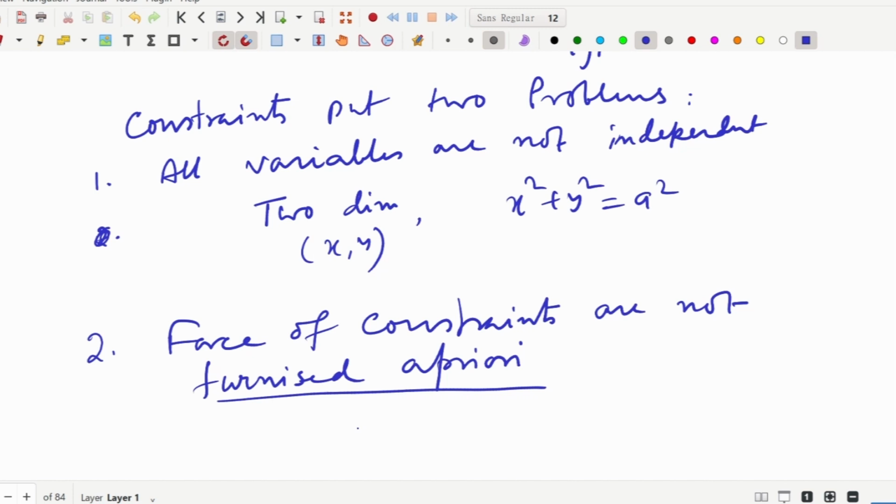So now I am going to propose that in case of holonomic constraints, the first problem, that all variables are not independent, can be addressed by proposing generalized coordinates.